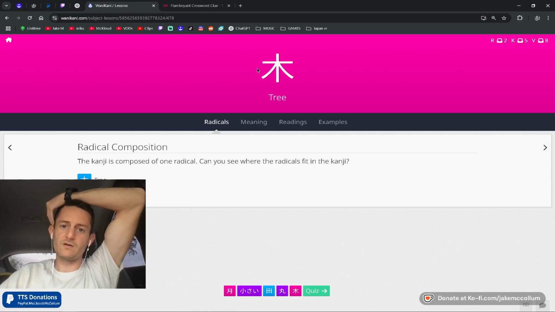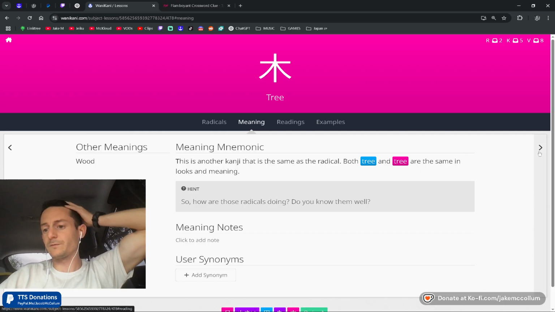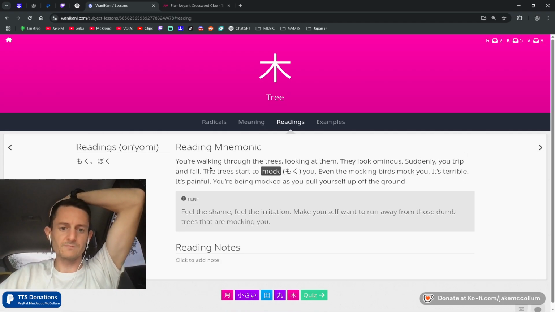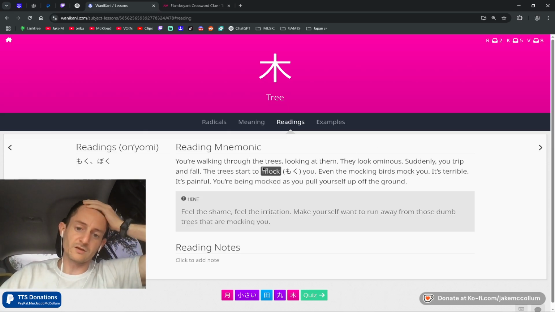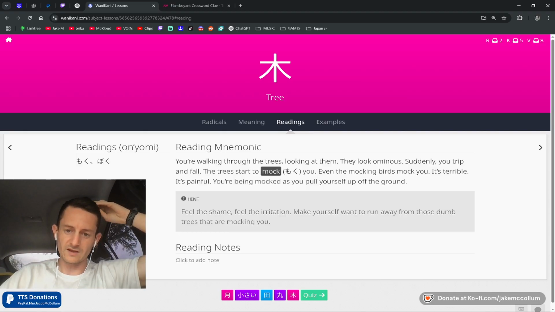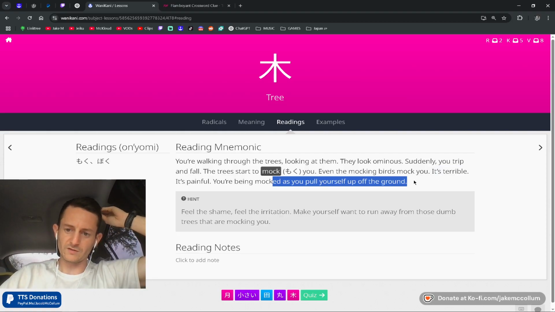Tree. Okay, very nice. Kanji for tree and the radical for tree are the same. Easy enough. Okay. You're walking through the trees, looking at them. They look ominous. Suddenly, you trip and fall. These trees start to mock. This actually says moku. So they start to mock you. Even the mockingbirds are mocking you. It is terrible. It's painful. You're being mocked as you pull yourself up off the ground.